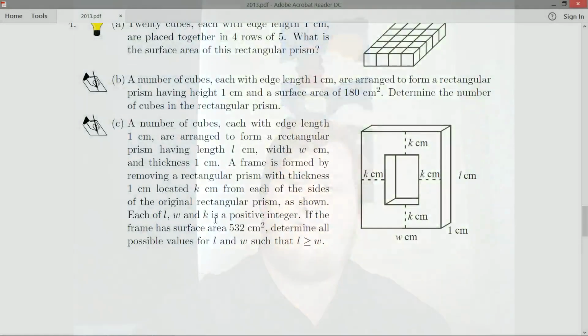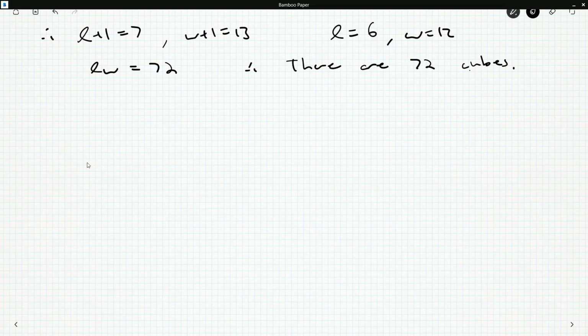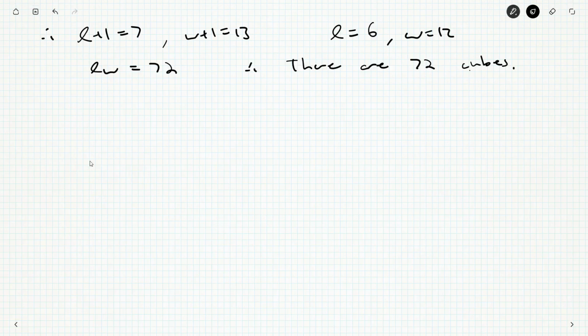So maybe we should start thinking of factors of 532 or something like that. But the very first thing we should do is get a formula for the surface area of this weird-looking frame. Okay. So, let's draw a picture of the frame. I'm not quite sure what the best way to go about doing this is.